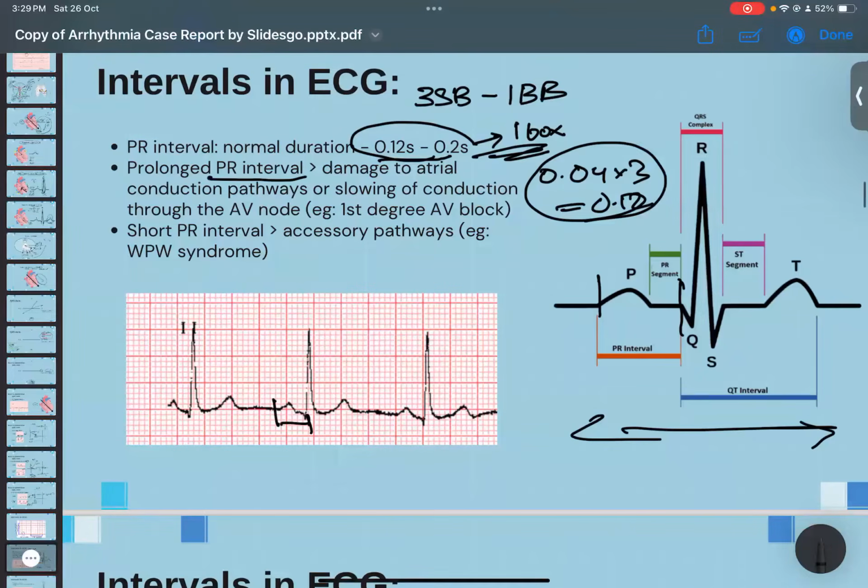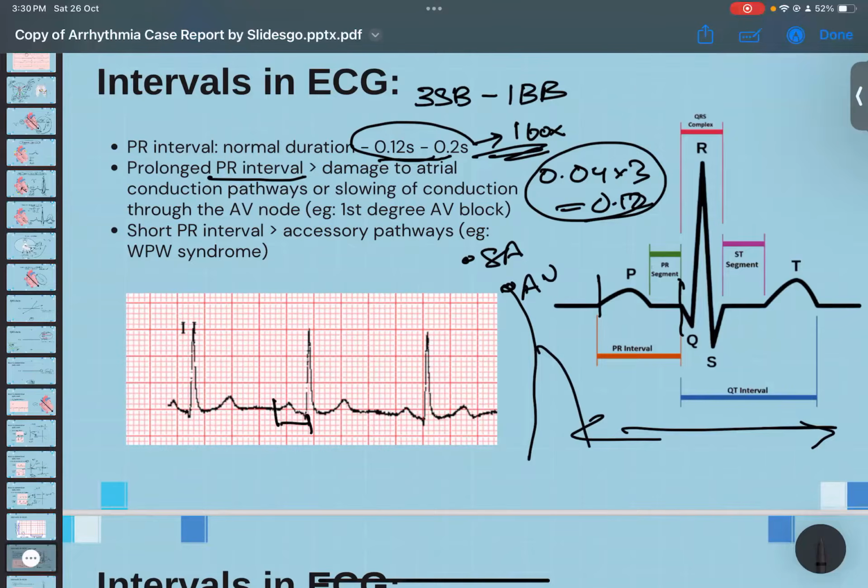If you have a prolonged PR interval, that means there is damage to the atrial conduction pathway, or something is obstructing the conduction system. You have your SA node here, the AV node, and then this pathway.